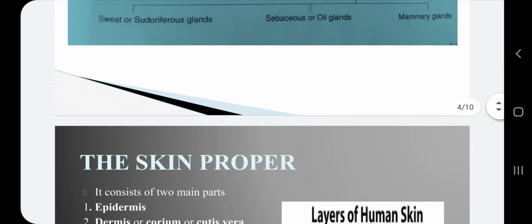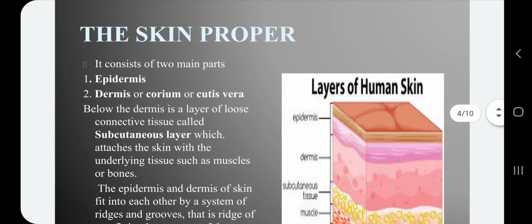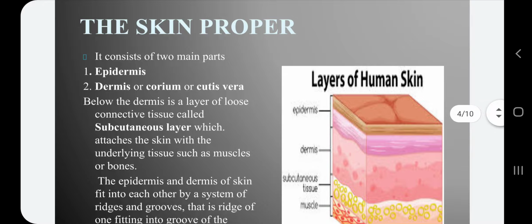First, skin proper. Skin proper, as has been told, is divided into two layers: epidermis and dermis. Epidermis is the outermost layer, and dermis is the layer below it, and dermis is also called corium or cutis vera.